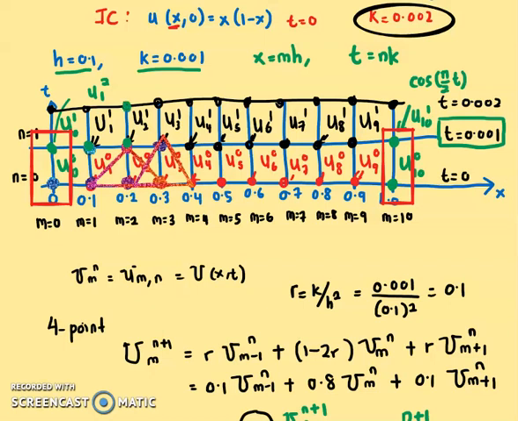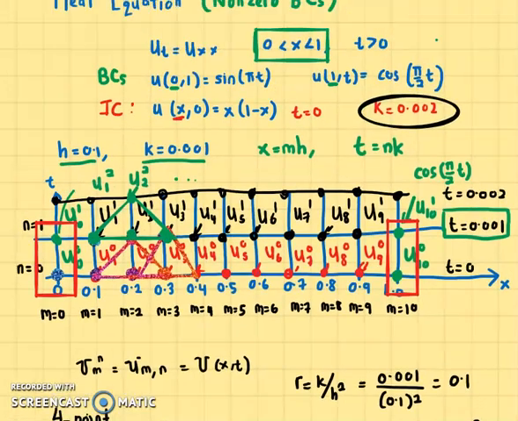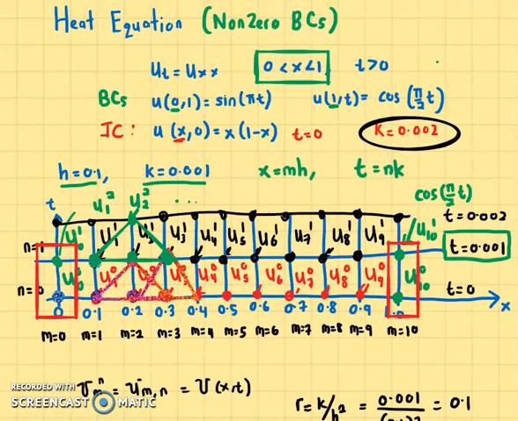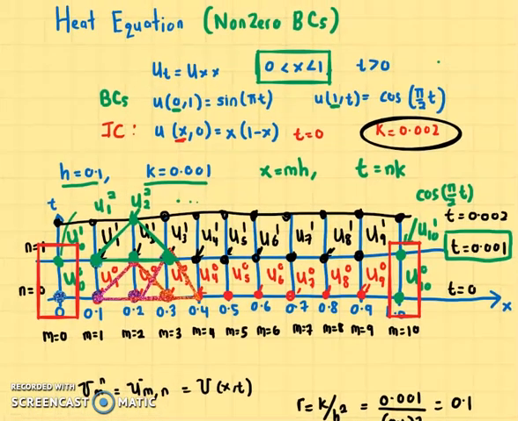To find this value, which is my u22, it will be a combination of u11, u21, and u31. Okay? And so on. So I think you get the idea here. So read the question and see which interval or which solution you want to find, and then work on the grid accordingly.